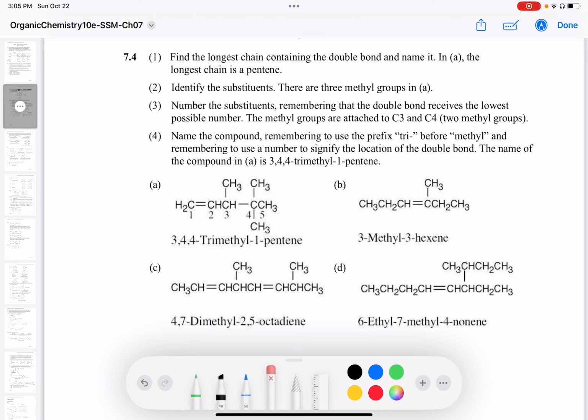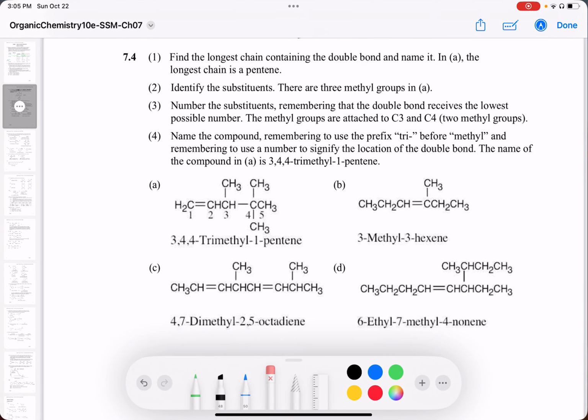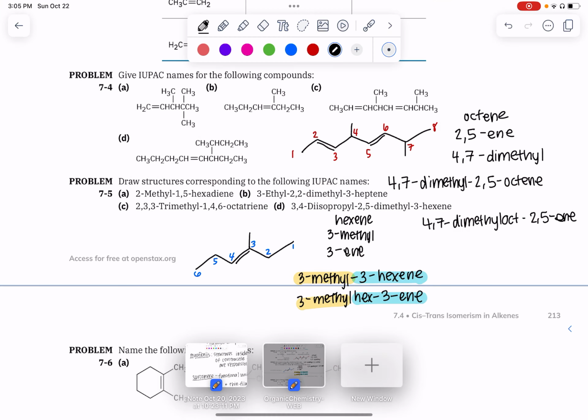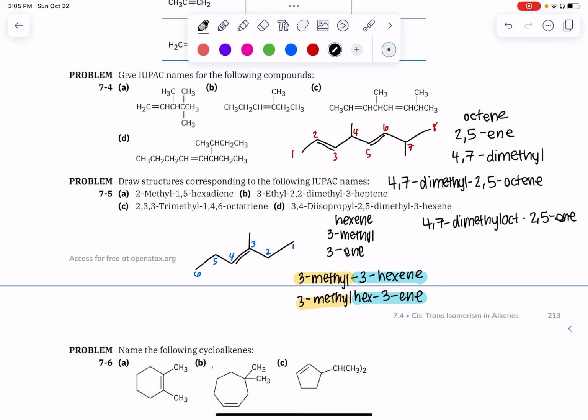I guess I need to put octadiene. I don't feel like Dr. Hill would count that completely wrong. Because what, isn't it octene? Yeah, I think this is plenty fine. I've never seen it called octene before, so I don't know why it would be called octadiene. So anyway, I believe these are fine. Okay. And let's look at D, the last one here.